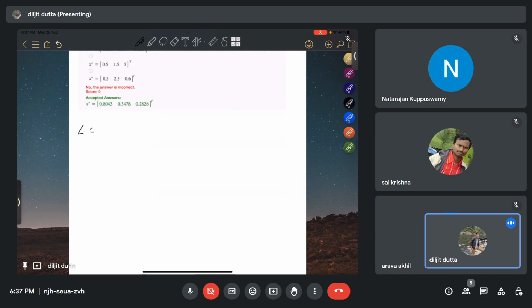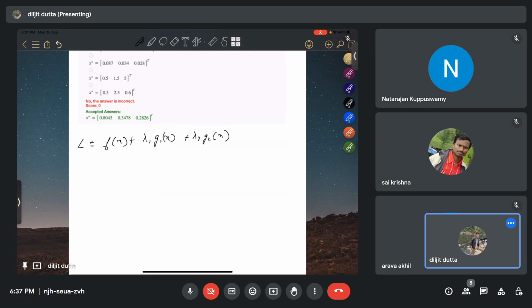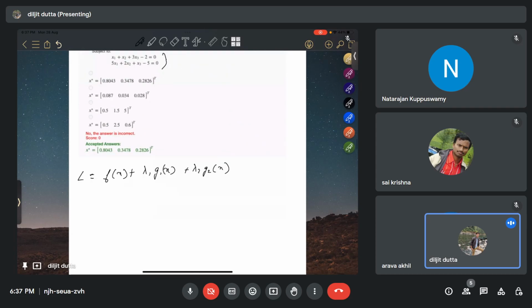So the Lagrangian will be f of x plus lambda 1 g1 of x plus lambda 2 into g2 of x.